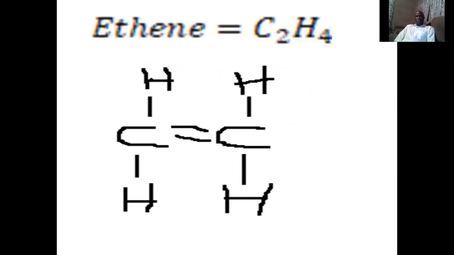Now we proceed on to look at how we can write the structure formula for these alkenes. And as we stated earlier, the simplest alkene is ethene. We said there should be a double bond between the carbon-carbon bond, at least one. And here we have only two carbon atoms.